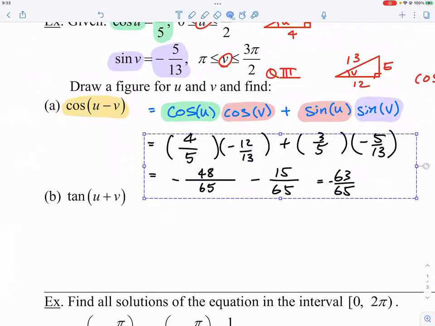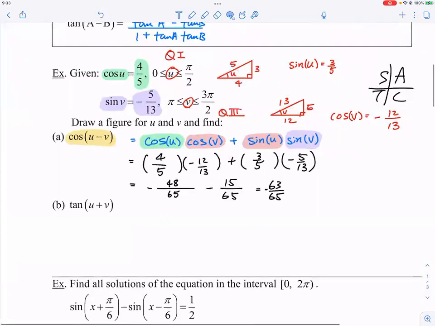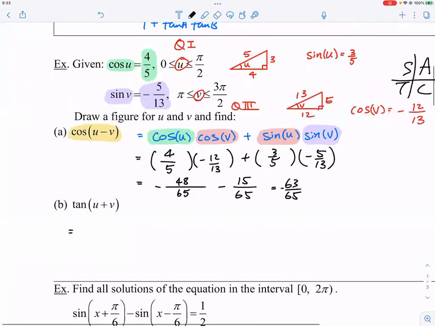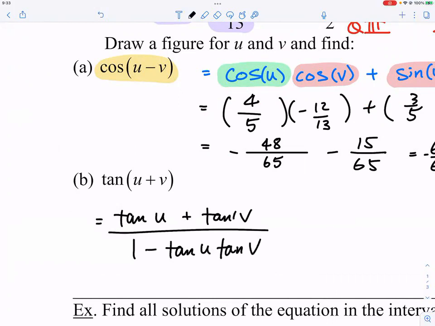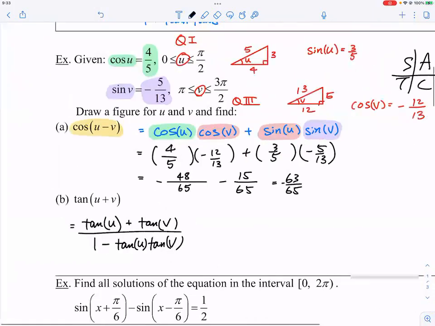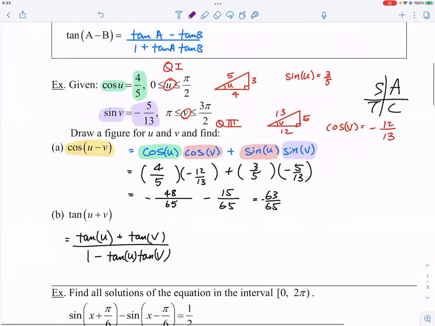Now I can tell the nightmare is coming for tangents because we have some more ratios to deal with. So for tangent, we have tangent U plus tangent V all over 1 minus tangent U times tangent V. Okay, so we didn't get the tangent value yet, so let's go ahead and get the tangent value.